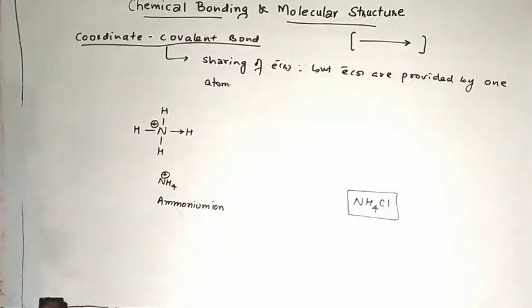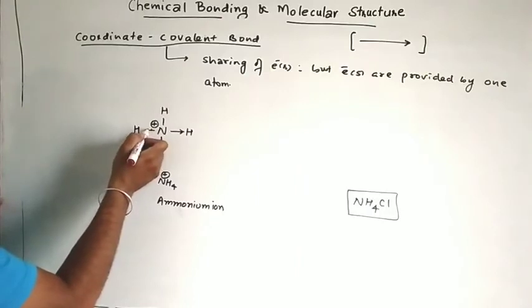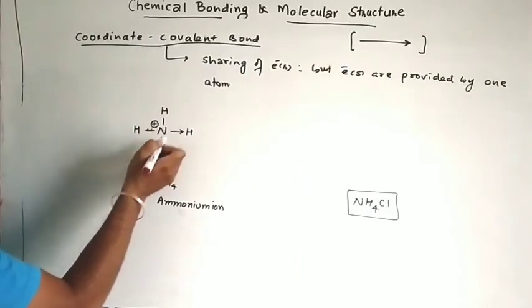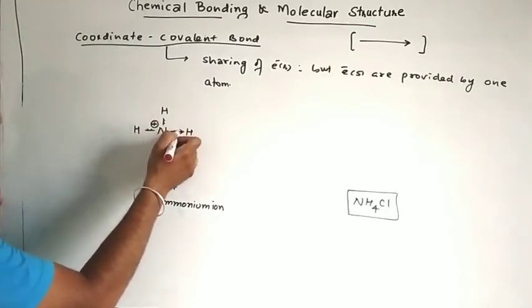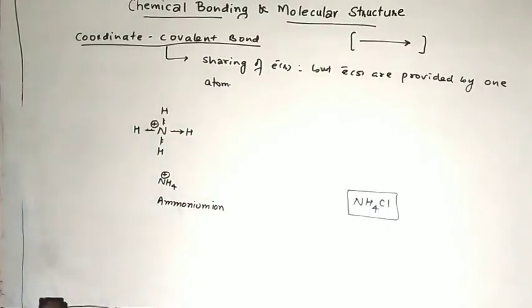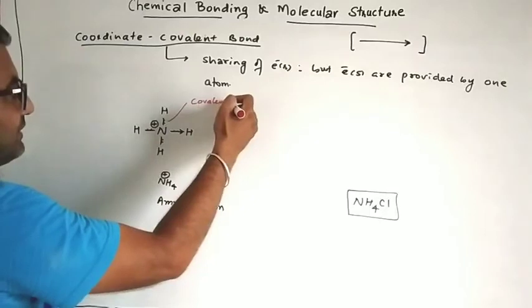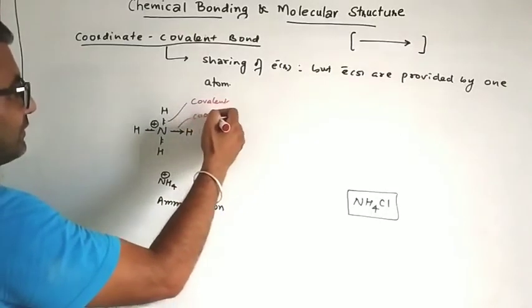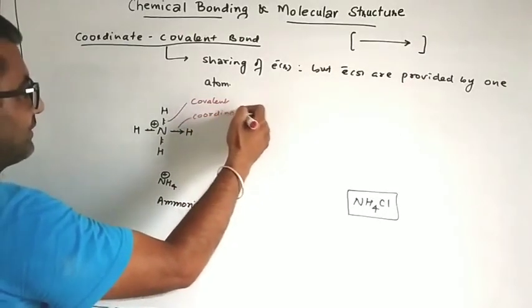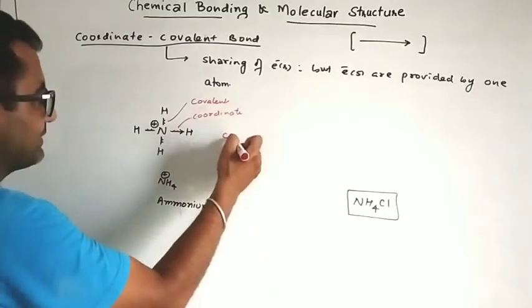Now this ammonium ion has two types of bonds. You can see this bond is covalent, this bond is covalent, this bond is covalent, but this bond is coordinate. Okay. So covalent, coordinate. Now this chloride ion has a negative charge.